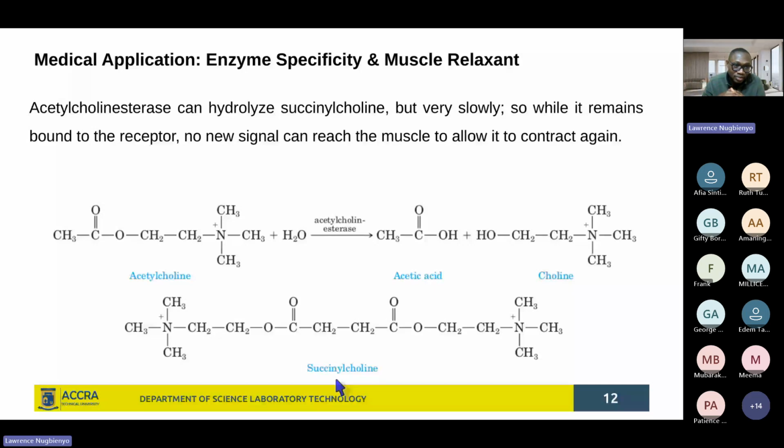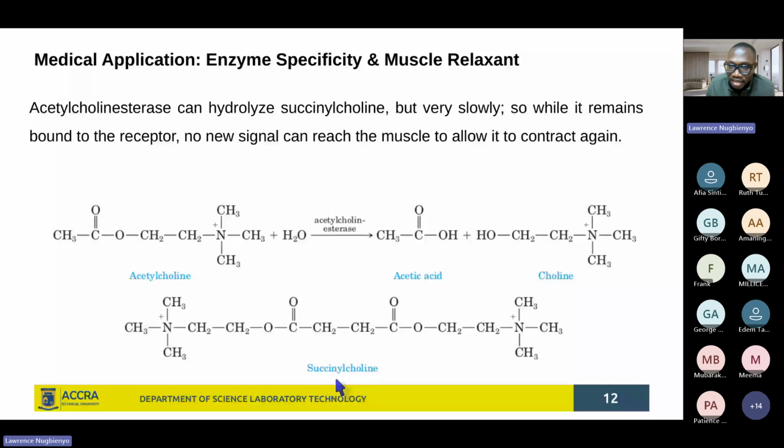So that's a way of applying such knowledge of enzymology, particularly with acetylcholine esterase, being used as a muscle relaxant.